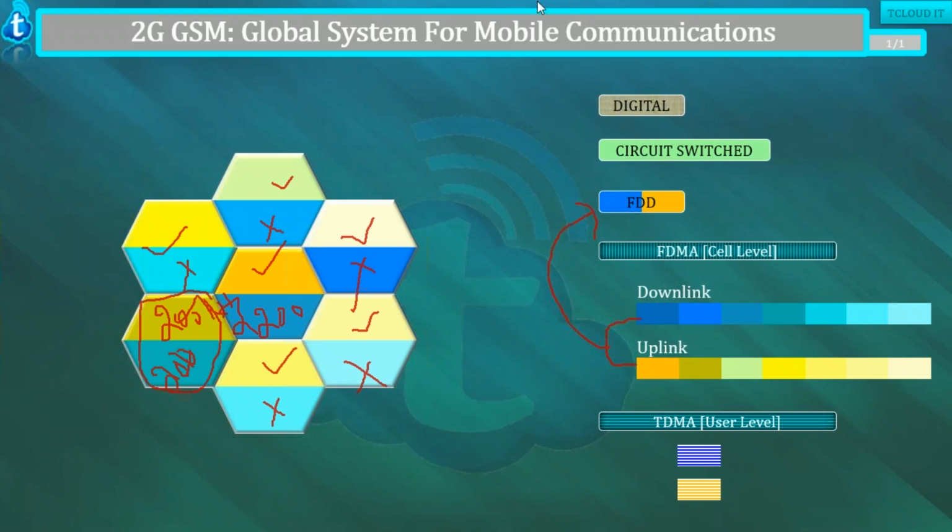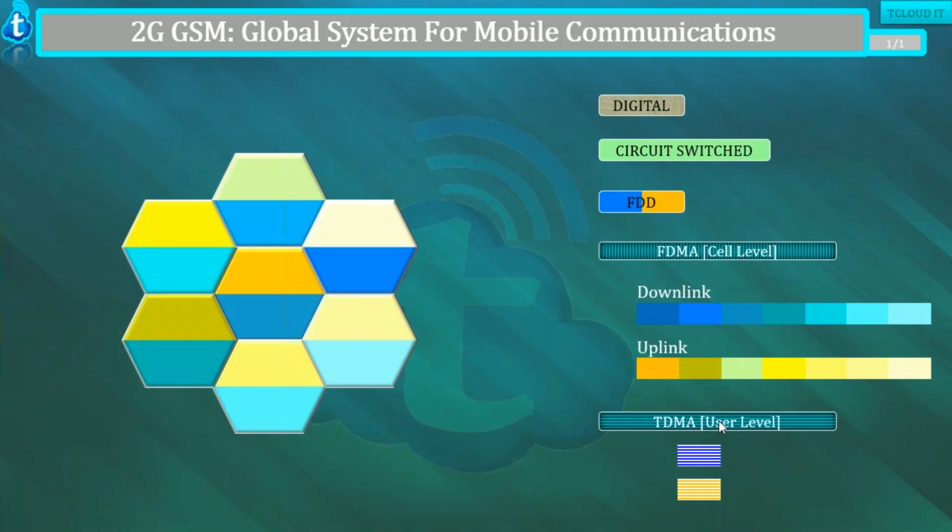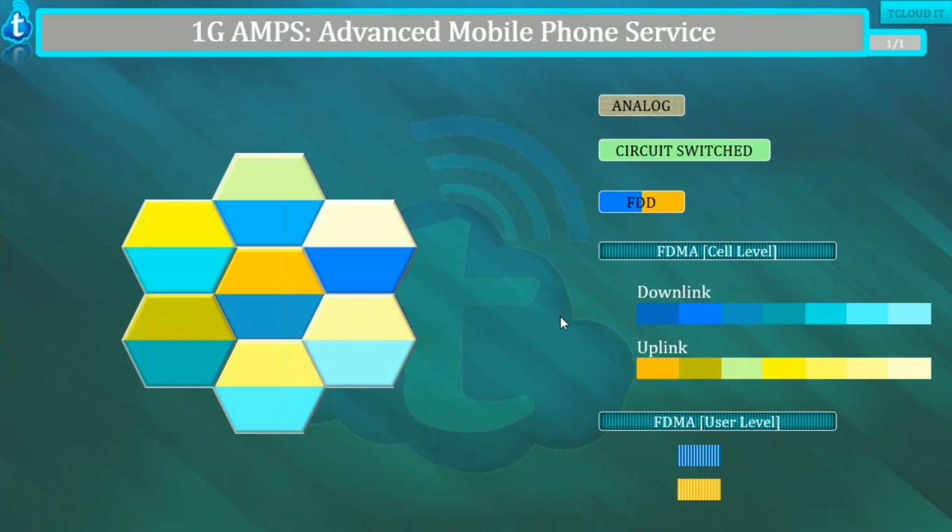Great. But what do we do for the individual users? At user level in a GSM system, they have decided to use TDMA technology instead of FDMA. If you take your 1G technology, at cell level they are doing FDMA, and at user level also they have done FDMA. That means the 200 kilohertz allocated to a cell, we will further divide into pieces.